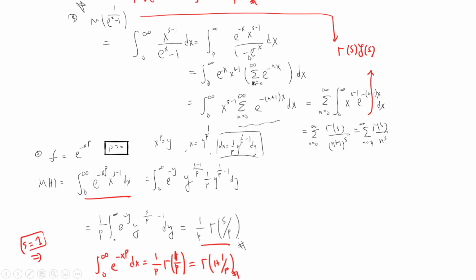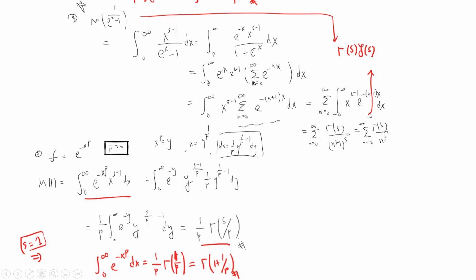So this can be written as a sum of exponential minus nx, n from 0 to infinity. So it's the sum over n from 0 to infinity of the integral of x to the s minus 1 exponential negative n plus 1 times x dx.